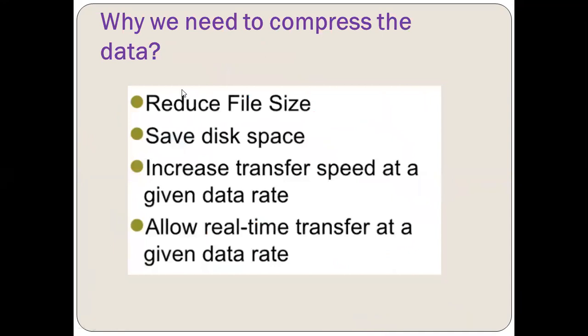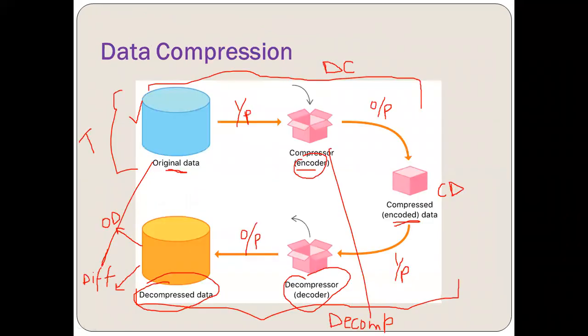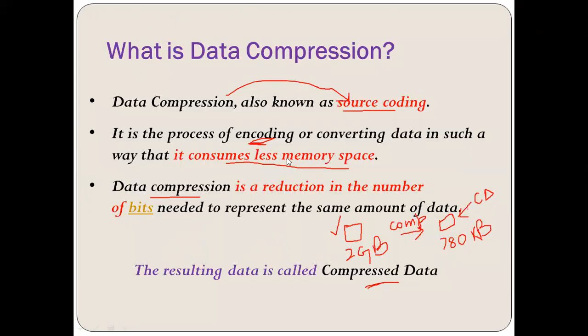Now we are going to understand why we need the data compression, why we need to compress the data. In the first slide only, you can get the answer. I told you it consumes less memory space. Why is it consuming less memory space?